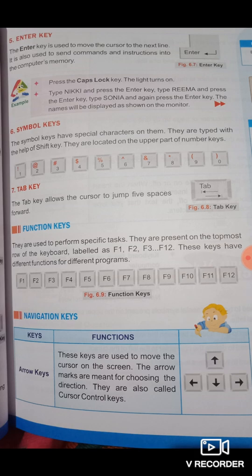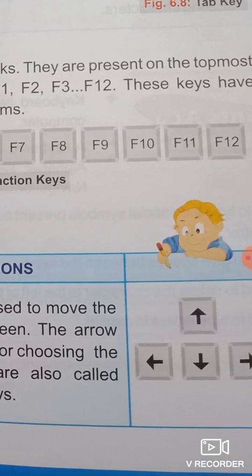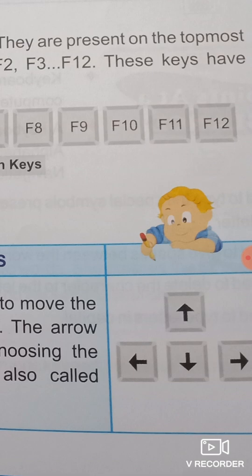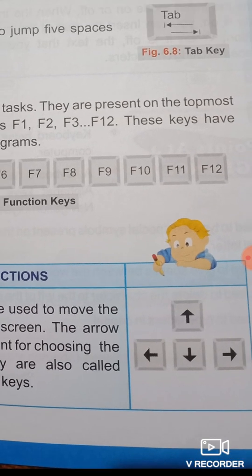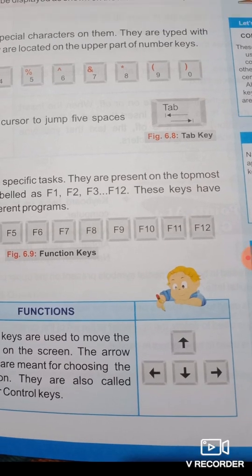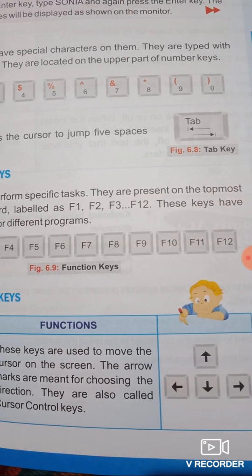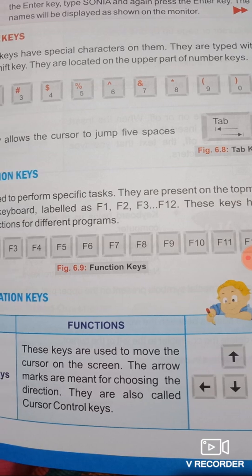So one kind of navigation key is arrow keys. As you can see in this picture, these top, down, left and right arrows are called arrow keys. These arrow keys are marked with a particular arrow in a direction, which are used for moving the cursor accordingly.